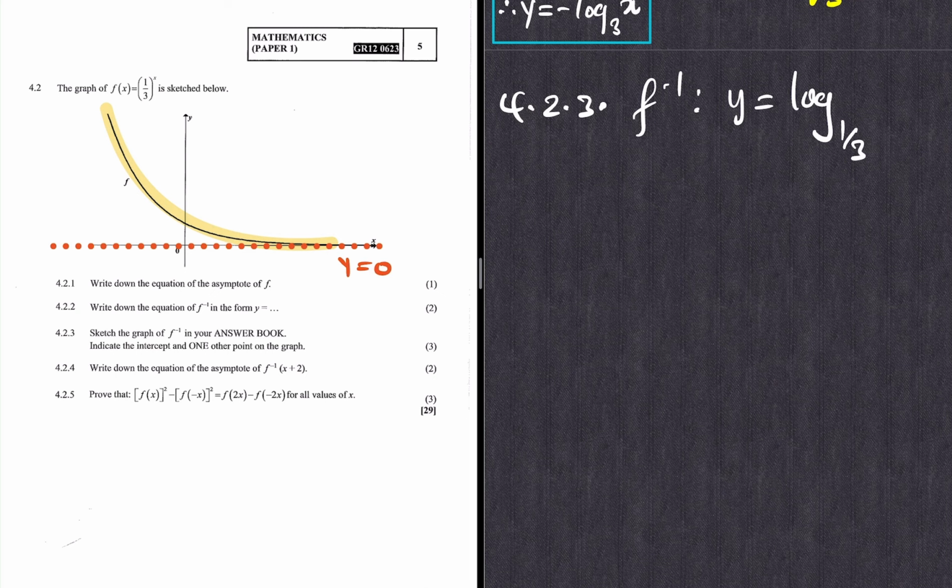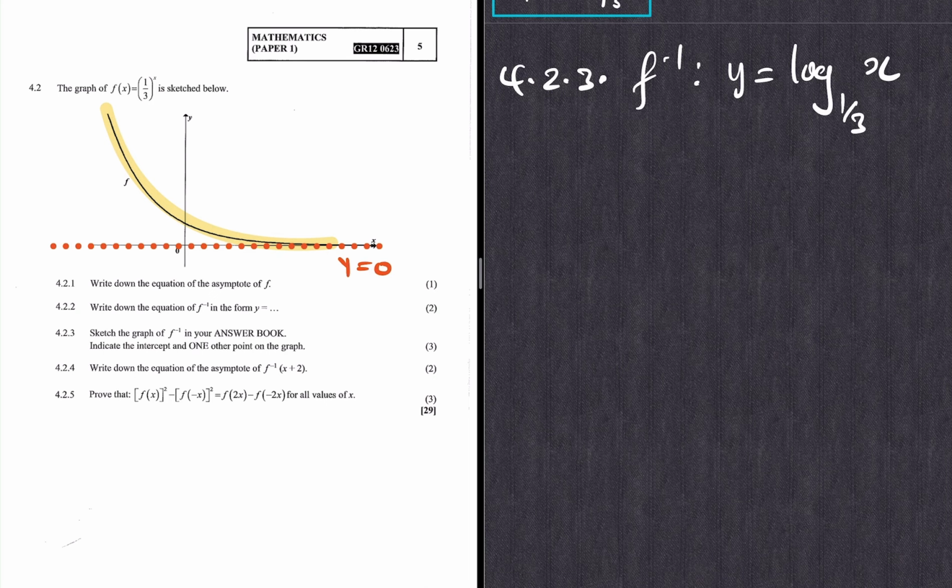Then let's try and sketch it. Think about it: I said to you in a second that this is the same as the negative of log of base 3 of x.